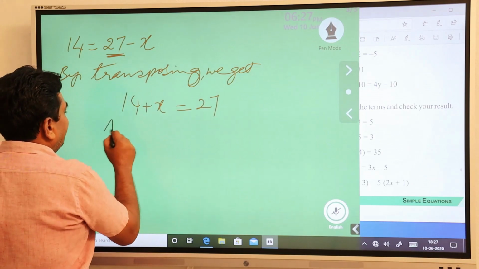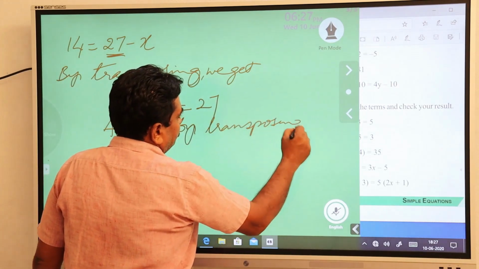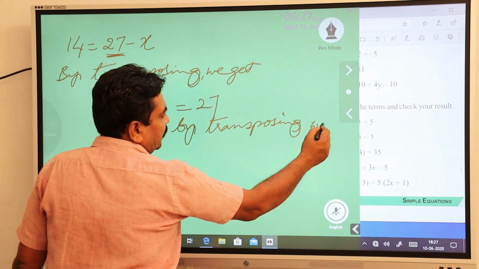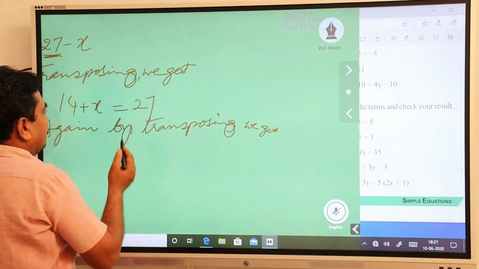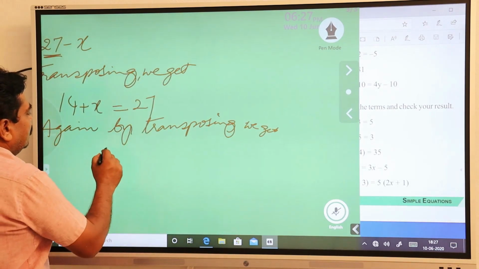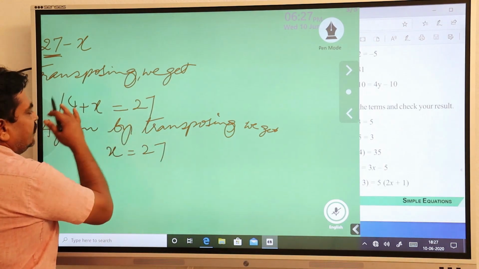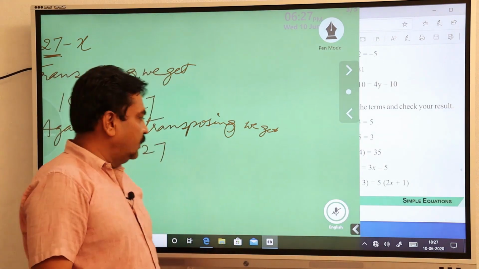So again, by transposing, we get the same thing. You will see x is equal to 27. This plus 14, when it goes to the other side, becomes minus 14.